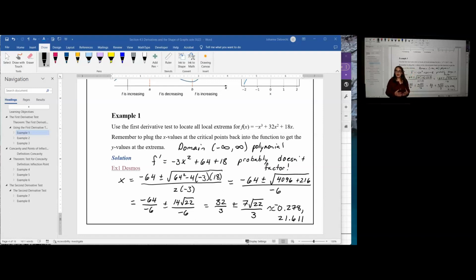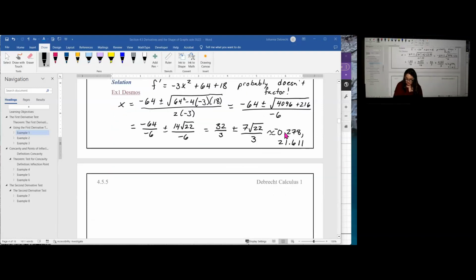It will help to have an approximation for these values since we have to use them on a number line and find test points. They're approximately negative 0.278, 21.611. Probably one decimal place is accurate enough.